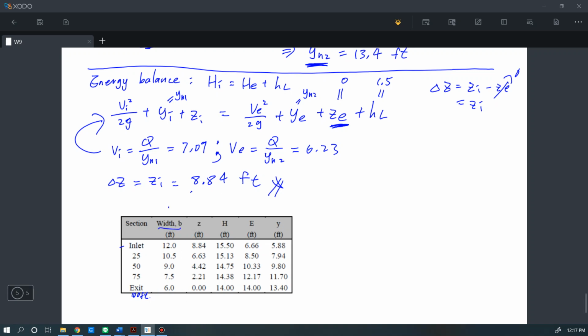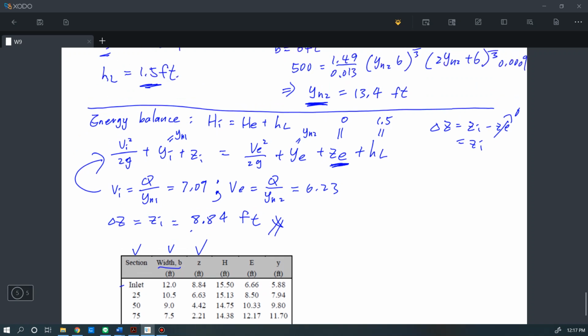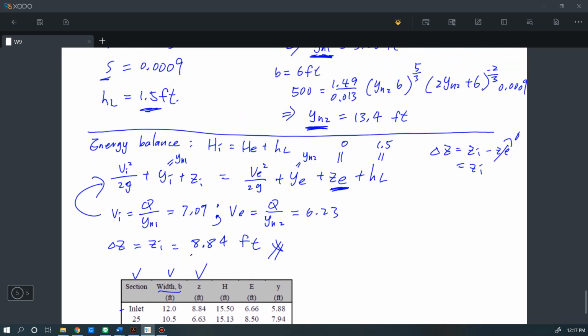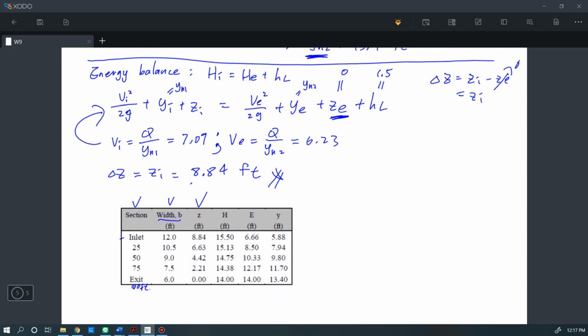Okay, so this is known, this is known, this is known, and the energy loss 1.5 is also linearly added to this transition channel, so this is also a known value.